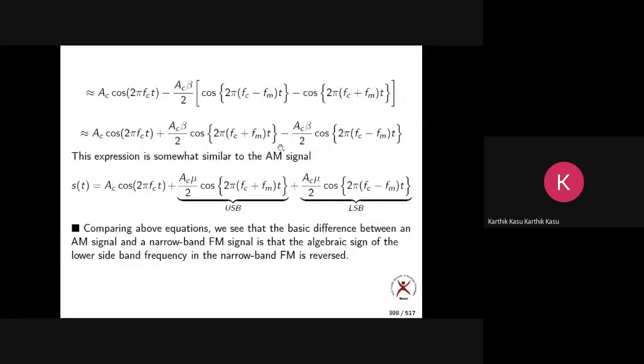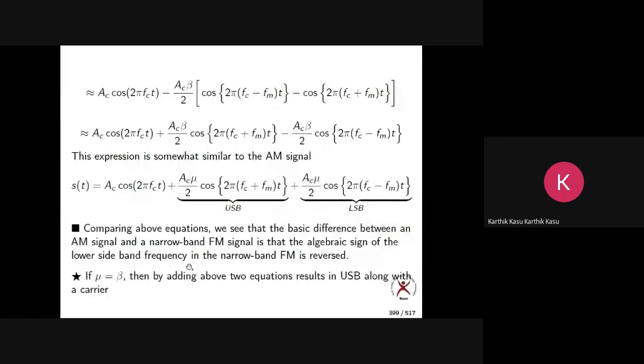So comparing the above equations, we see that the basic difference between an AM signal and a narrowband FM signal is that the algebraic sign of the lower sideband frequency in the narrowband FM is reversed. It was plus, it has become minus. That is the only major difference. Apart from that, there is no difference at all. Okay.